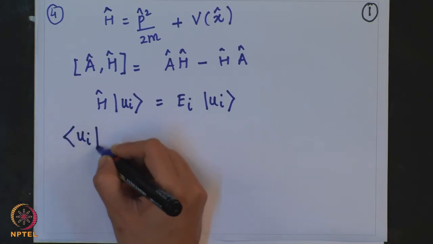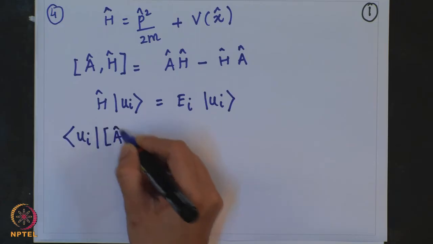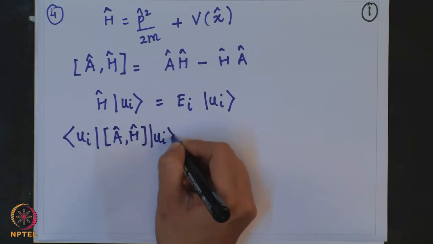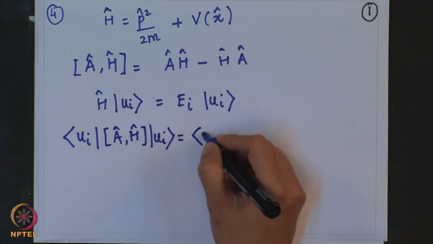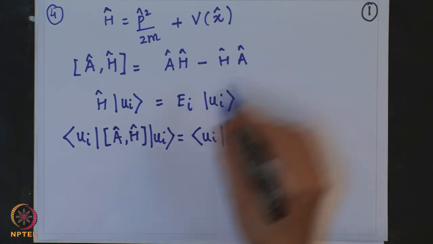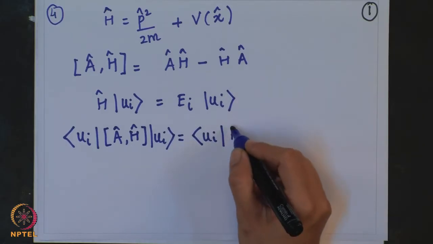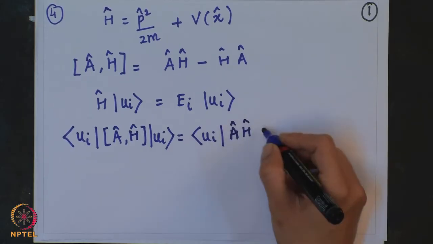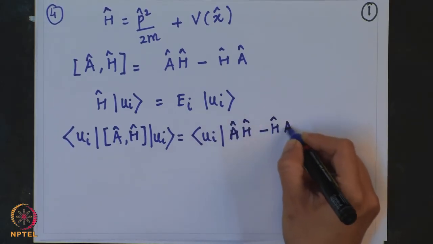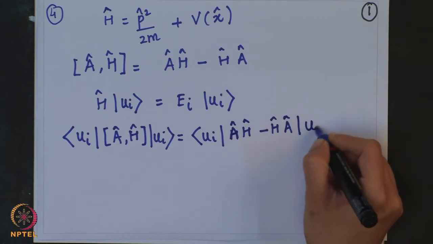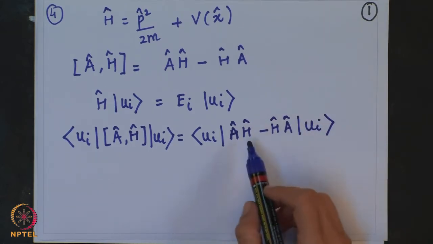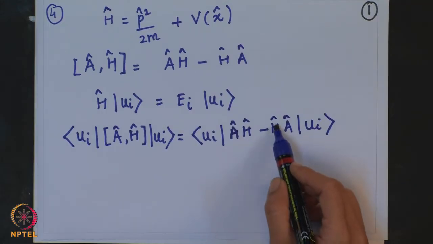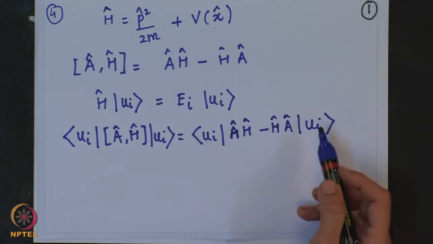Now, let us compute ui, commutator of A and H, ui. This would be ui, A H minus H A, ui. Now, when H operates on ui, it will give me Ei, and when H operates on this bra, it will again give me an Ei.